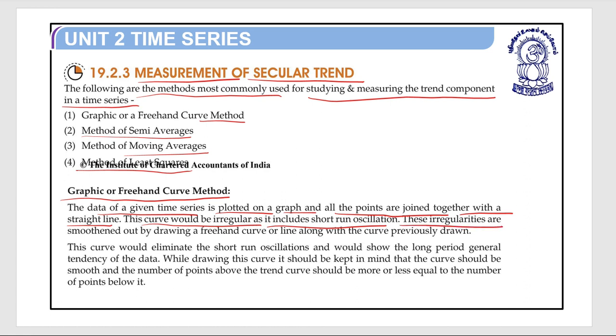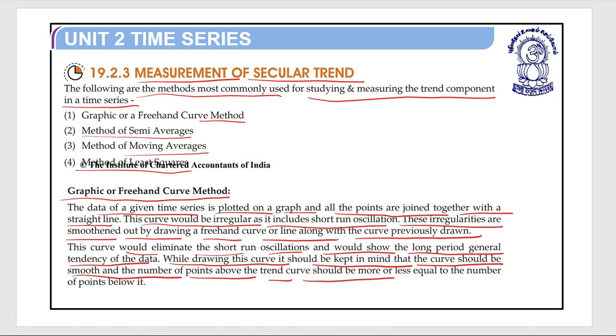These irregularities are smoothed out by drawing a freehand curve along the curve previously drawn. This curve eliminates the short run oscillations and shows the long period general tendency of the data. While drawing it, the curve should be smooth and the number of points above the trend curve should be more or less equal to the number of points below it.